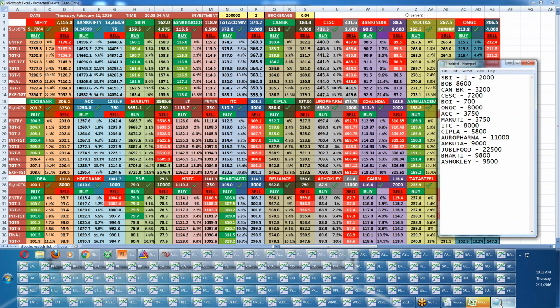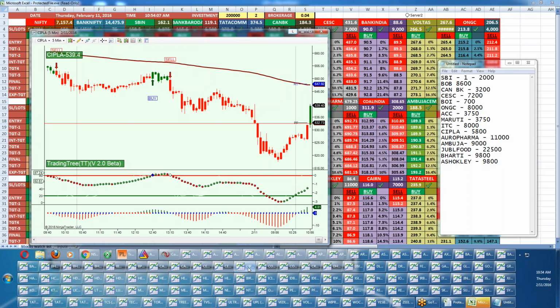Cipla sell side, you made 5,800, and now you have a buy call. Seems like it's going to hit its final target. Let me pull the chart for you. There you go. You should be getting a buy call now.